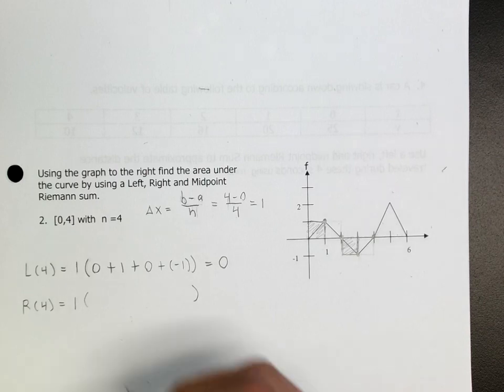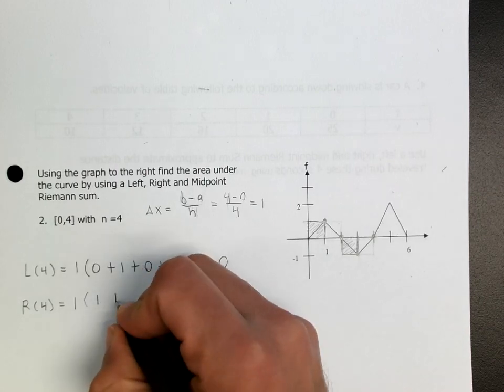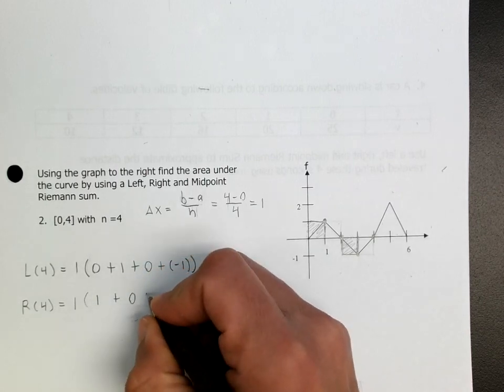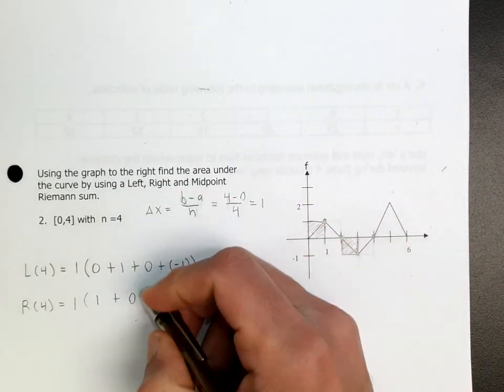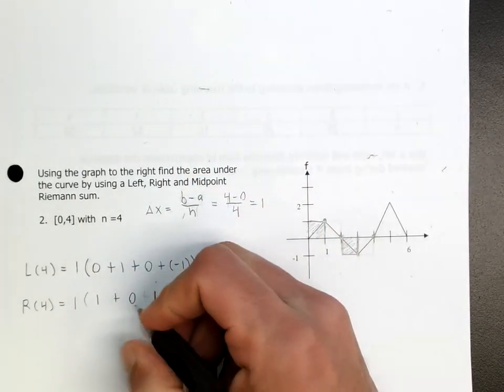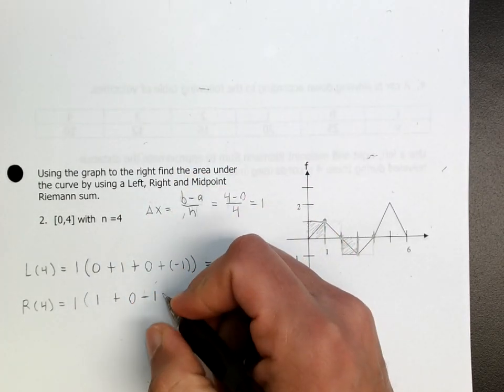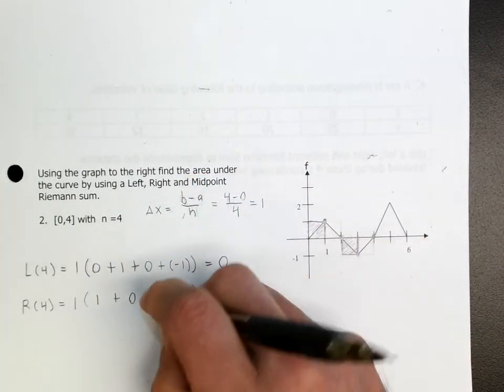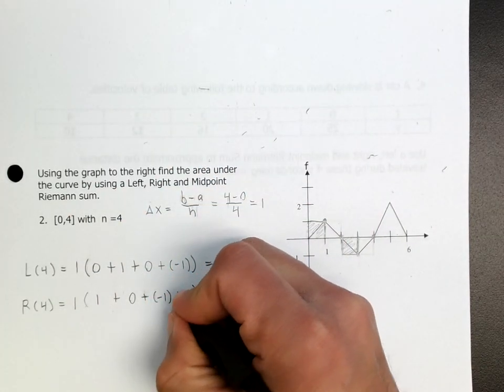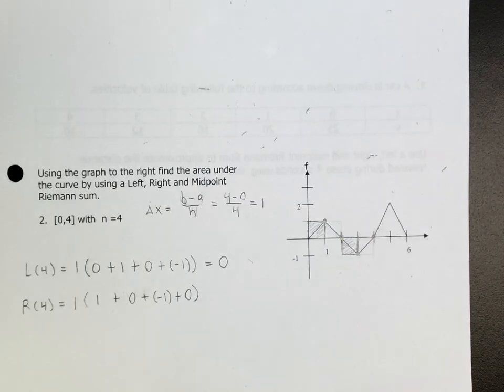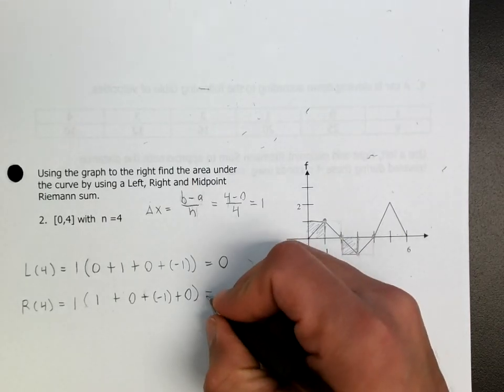Except for this one, you're going to have 1, 0, plus negative 1, plus negative 1, plus 0. So that's what we got for that next one, which still is going to give us 0.